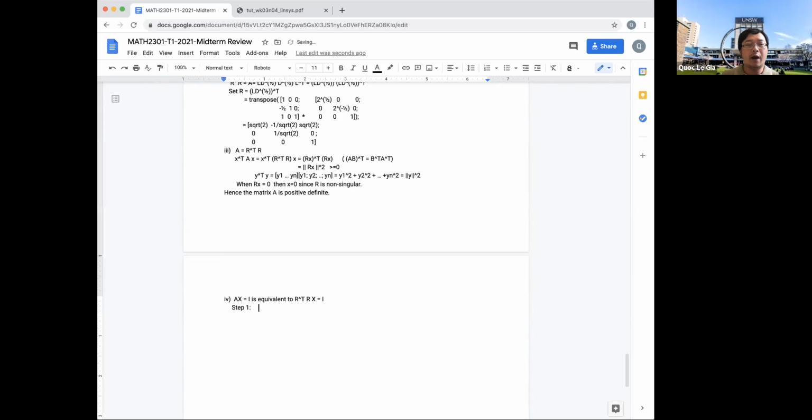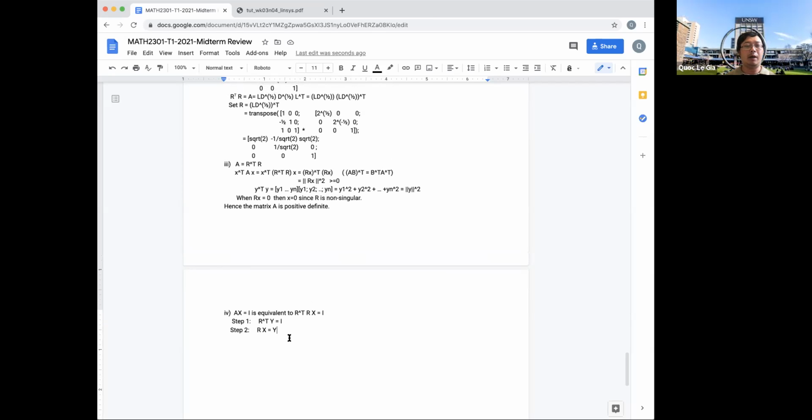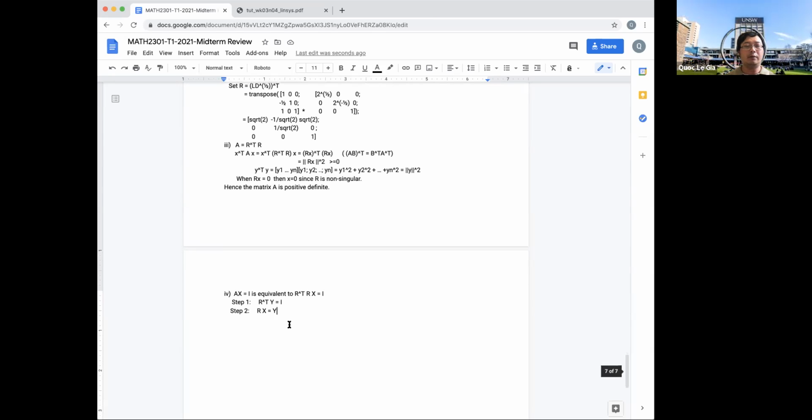Step 1, you solve R transpose Y equals identity, and step 2, you solve RX equals Y. You can expand it out, and I leave it to you to work out the details.